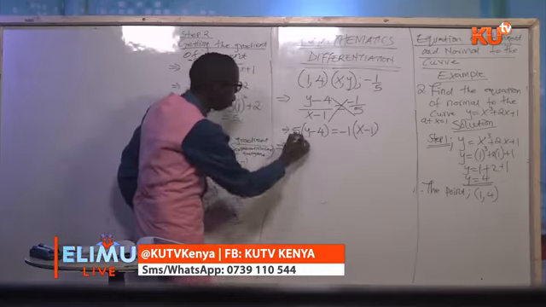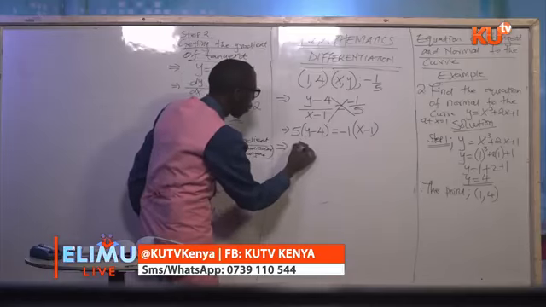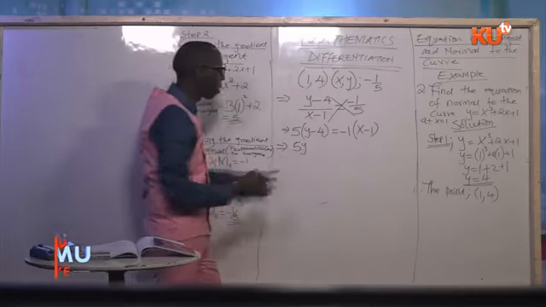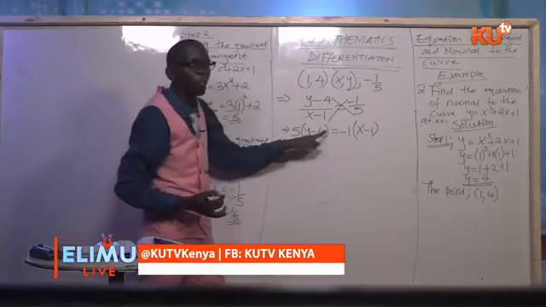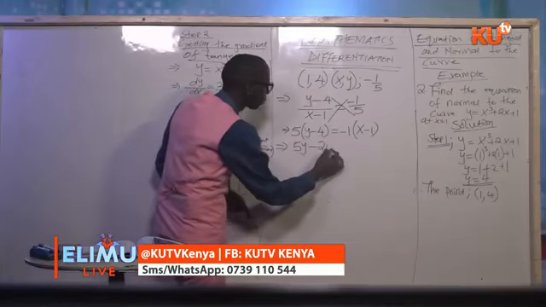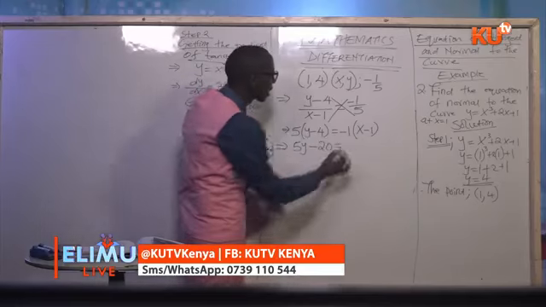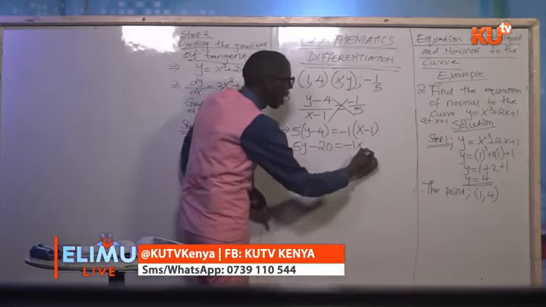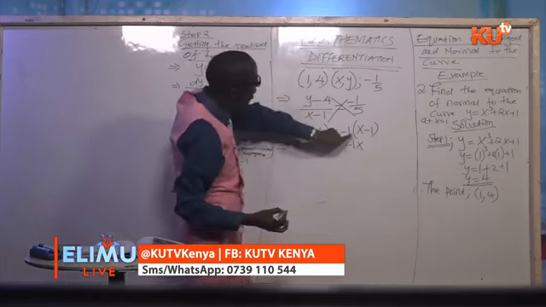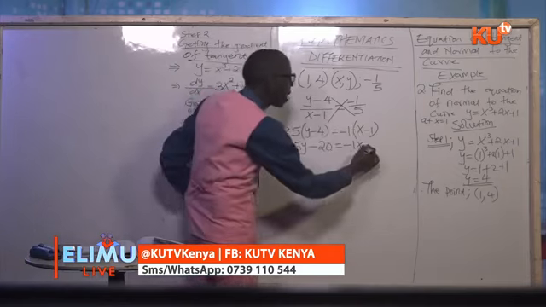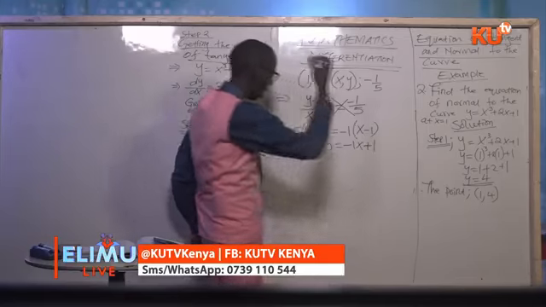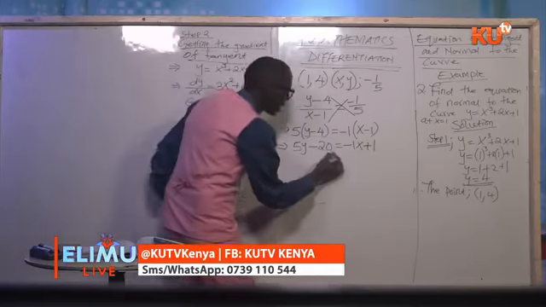Open the bracket. 5 times y is 5y minus 5 times 4 is 20, is equal to negative 1 times x is negative 1x. Negative 1 times negative 1 is positive 1. We take 20 to the other side.